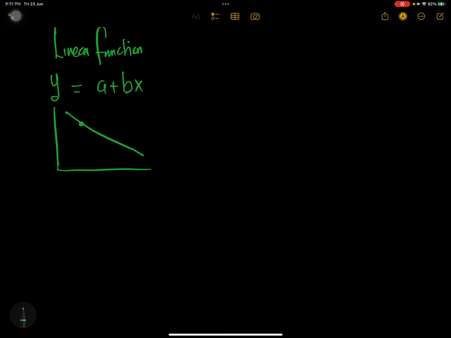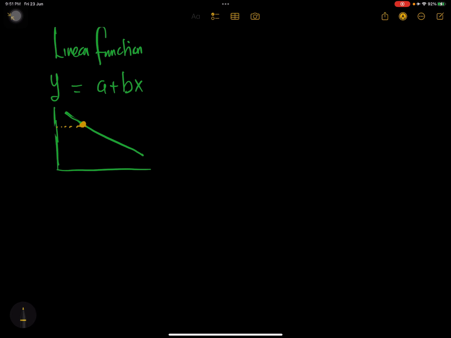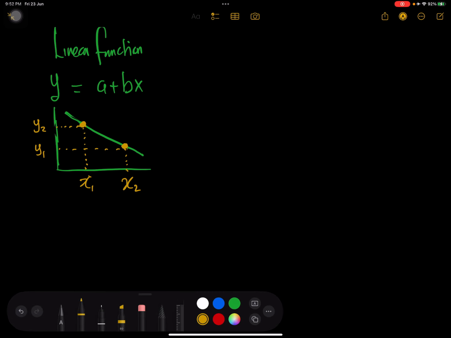Imagine you have a point y1 and another point y2, with corresponding coordinates x1 and x2.